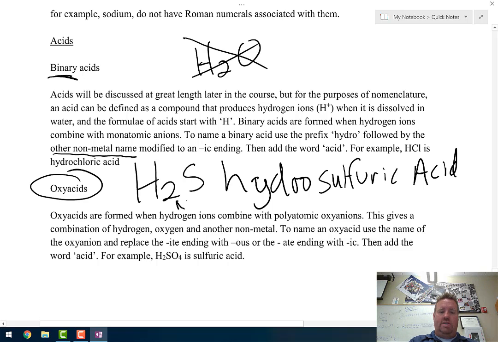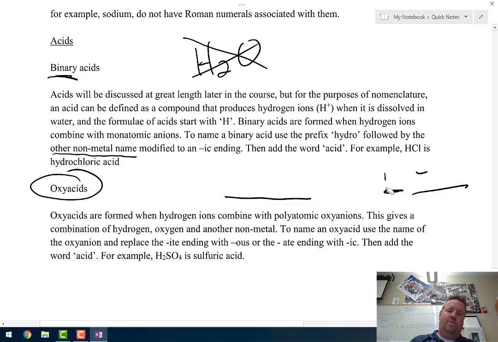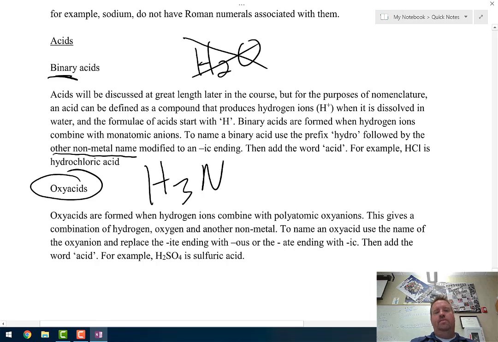That 2 really has no bearing on the name at all. Hydro, the sulfur, we put the IC at the end, and then we write acid. Okay, and then one more, and then we'll talk about why that 2 is there and why this 3 is here. Okay, H3N is called hydro, like always.